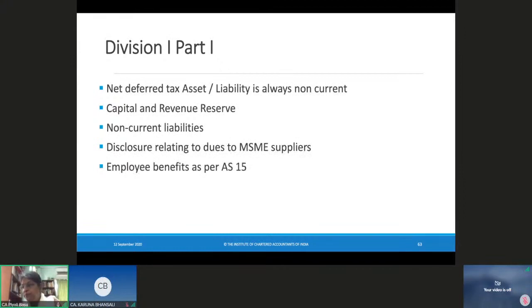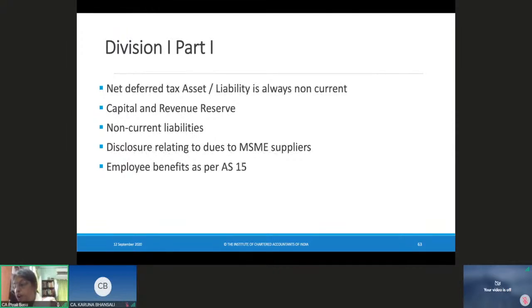I'll just tell you about the important areas. All are important. These mandatorily have to be reported, depending upon their applicability. Shares held by each shareholder holding more than 5% of the shares, to specify the numbers. If somebody is holding more than 5% of the shares, how many are being held by that person or persons needs to be reported.